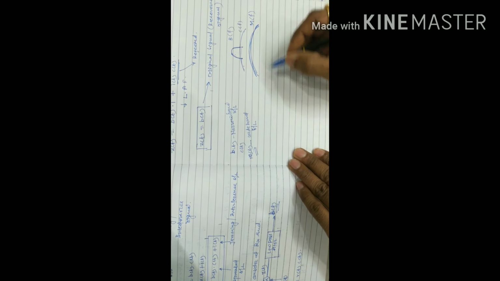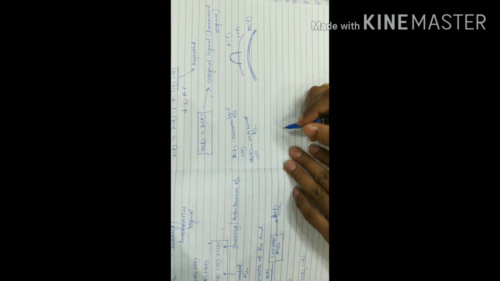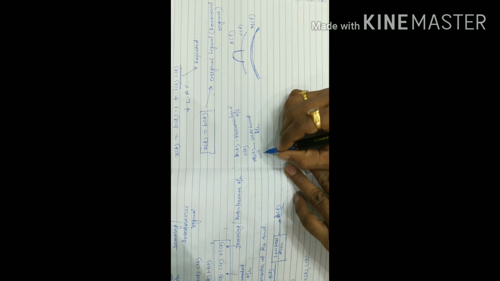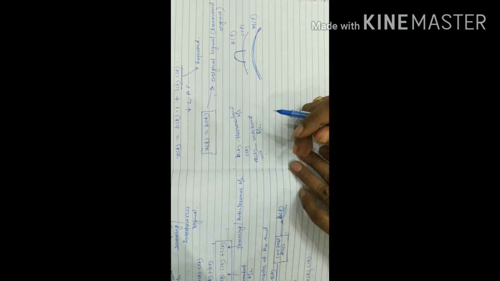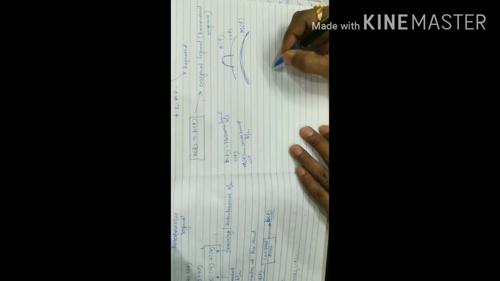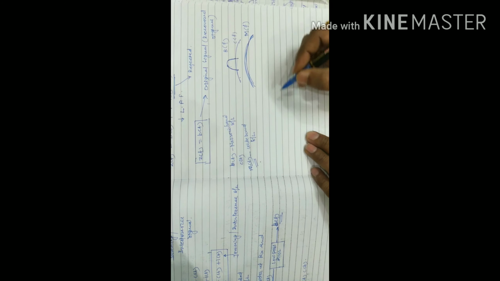Now when this m of f or m of t progresses through the channel, it gets added with the interference or jamming signal.